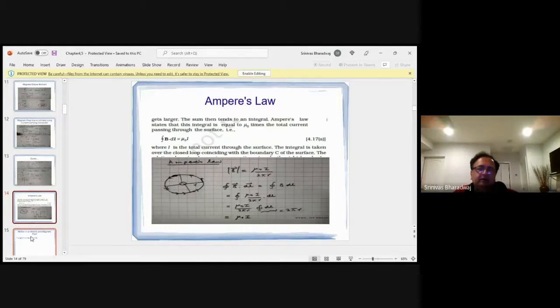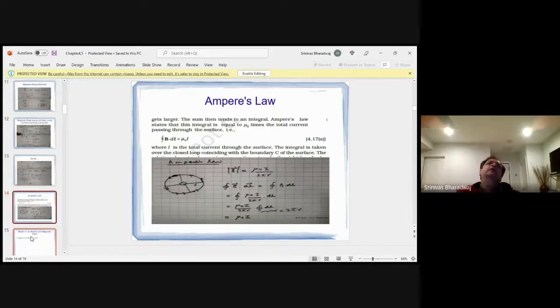But B dot dl equals mu naught I. When you do that, you do the integral over a closed path. Ampere's law states that the integral is equal to mu naught times the current, where I is the current. The integral is taken over a closed loop coinciding with the boundary C of the surface.